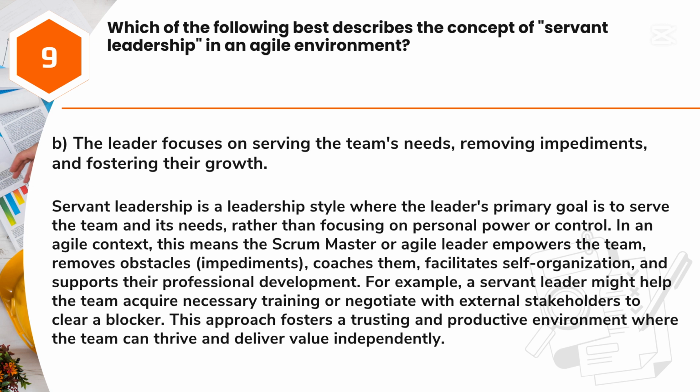In an agile context, this means the Scrum Master or agile leader empowers the team, removes obstacles and impediments, coaches them, facilitates self-organization, and supports their professional development. For example, a servant leader might help the team acquire necessary training or negotiate with external stakeholders to clear a blocker. This approach fosters a trusting and productive environment where the team can thrive and deliver value independently.